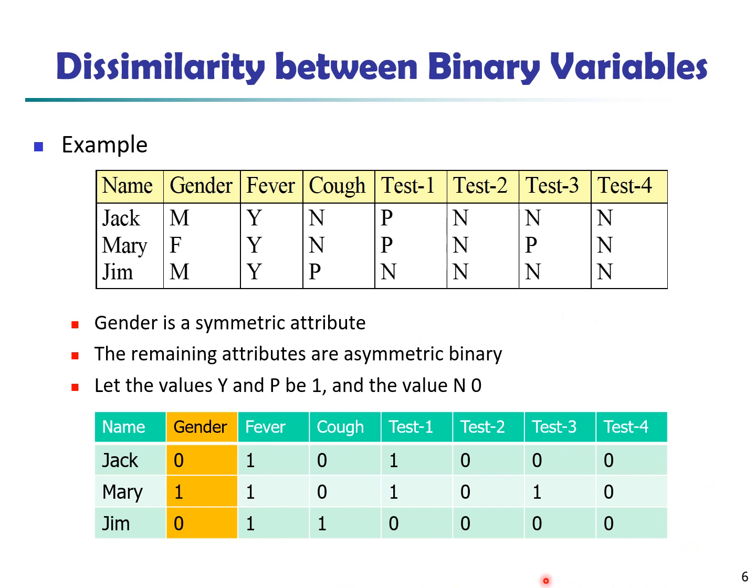So I will explain how we will create it for gender, and it applies the same way for the other asymmetric attributes. However, the formula that we will apply at the end is different, based on the previous slide.